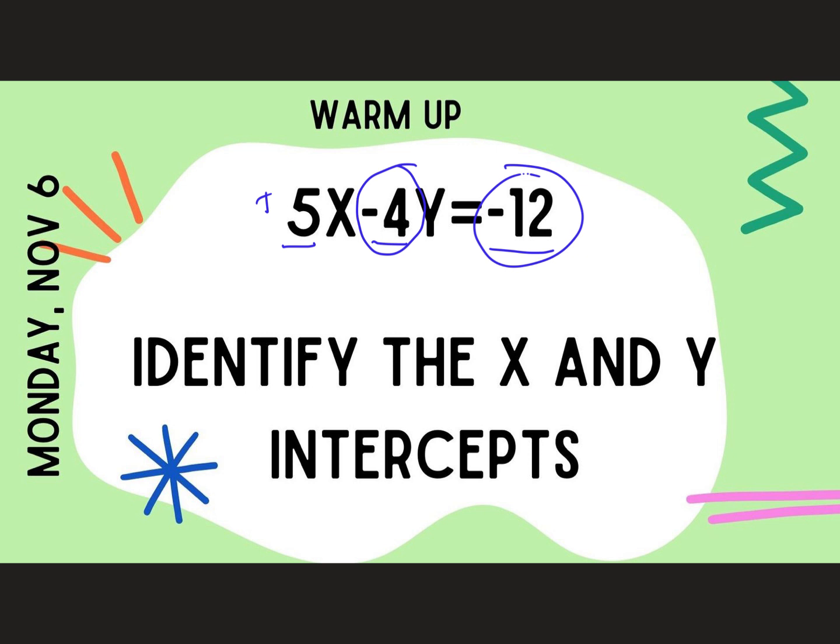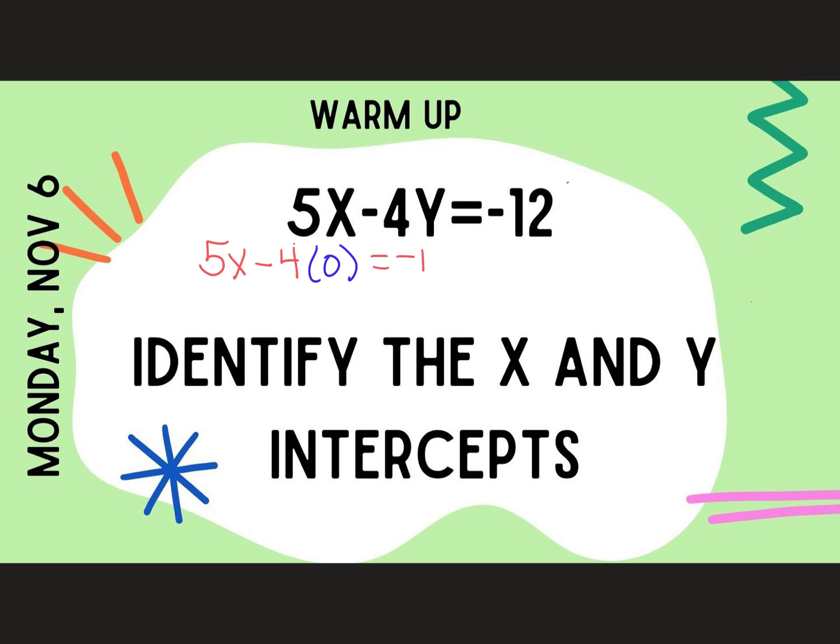That's perfectly fine. So the one thing that we know about x-intercept is that our y value is 0. So plug in 0 wherever y is and solve for x. So we have 5x minus 4, and instead of that y, plug in that 0, and then we have equals negative 12. This, we can find the x-intercept.